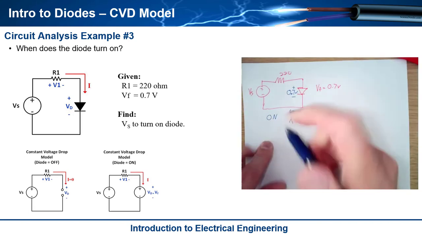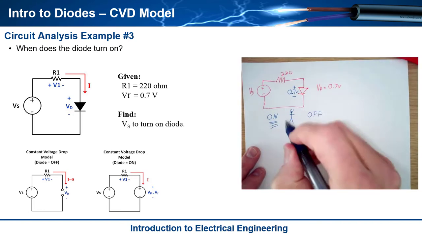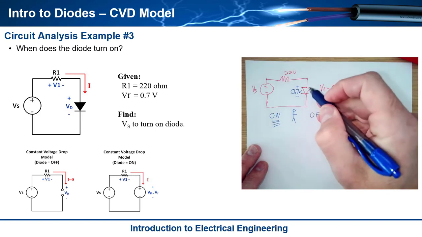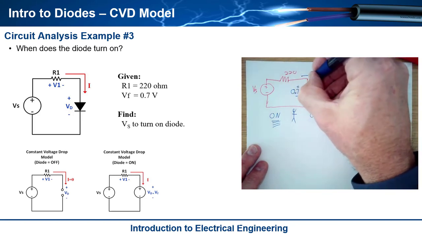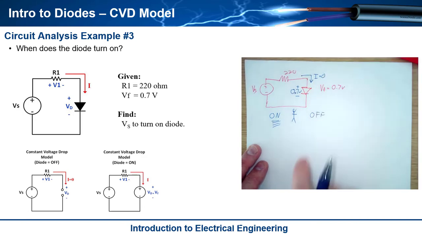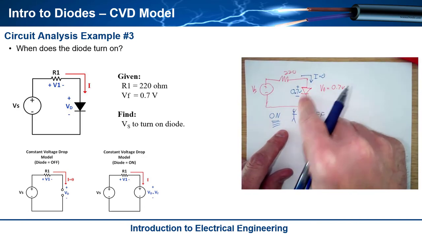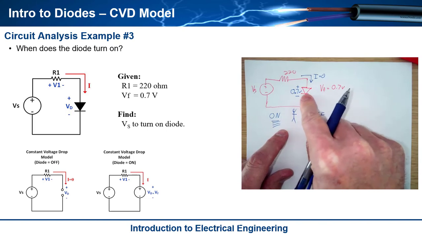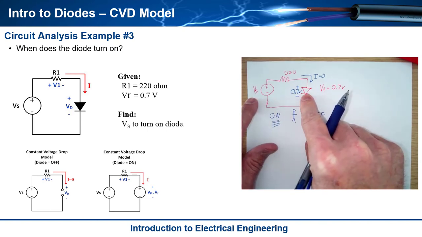That means it is turned on. However, it's just turning on. That means that at that little instant, I through it is equal to 0. So that's how you solve the instant that this thing turns on. And you can almost think of VS as you're ramping it from 0 up to something.